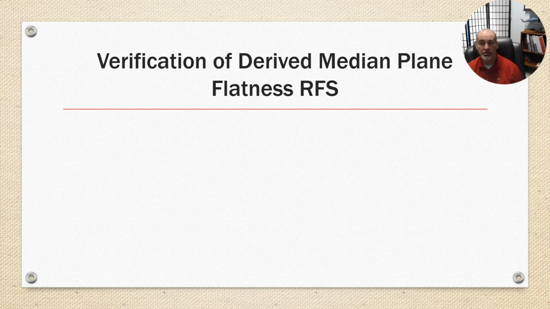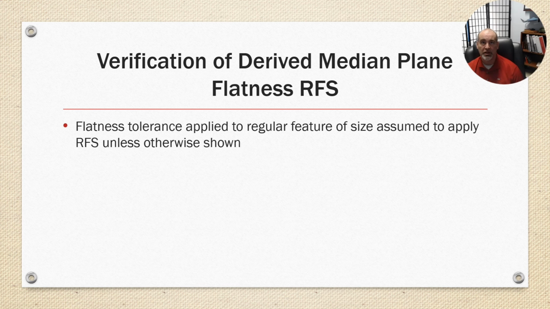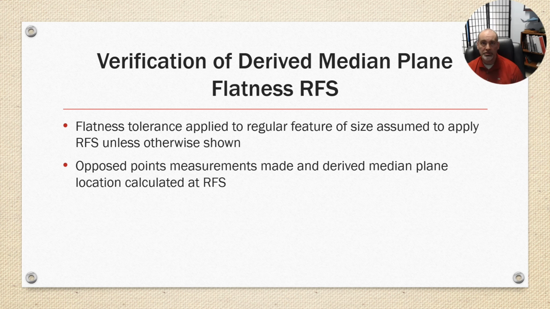A verification of derived median plane flatness regardless of feature size. So the flatness tolerance applied to regular feature of size is assumed to apply at regular feature size, or RFS, unless otherwise shown. Opposed point measurements may be derived at the median plane location calculated at RFS.